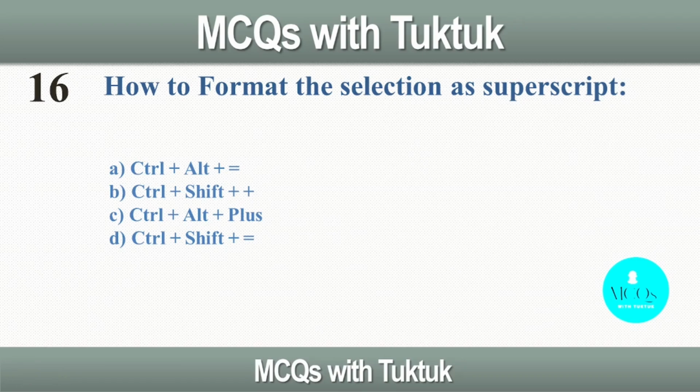Superscript means when you write x square, the 2 comes in the top, that is superscript, and when you type something like formula of hydrogen H2O and 2 comes little down, that is subscript. The shortcut key for superscript is Ctrl plus Shift plus equal to.